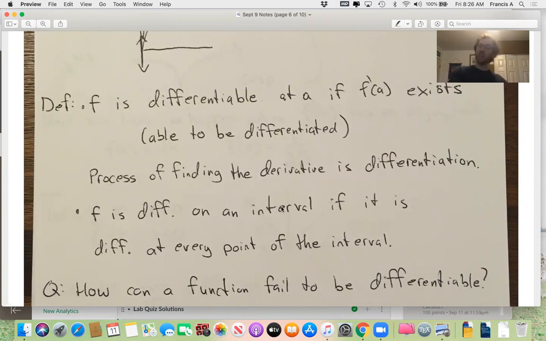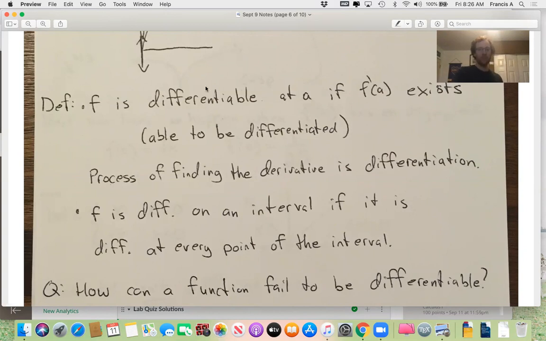The process of finding the derivative is called differentiation. So in order to find the derivative, you differentiate, and if you can find the derivative, it is differentiable. These are the words that I'm going to be using, all just saying, when does this derivative limit actually exist?